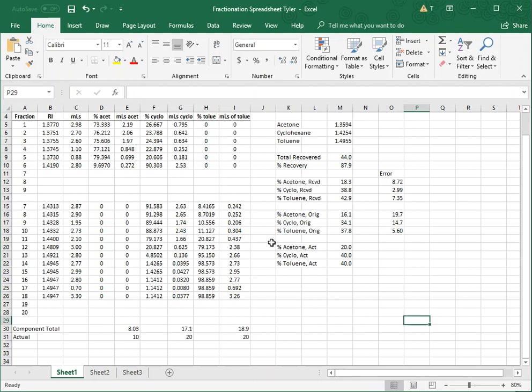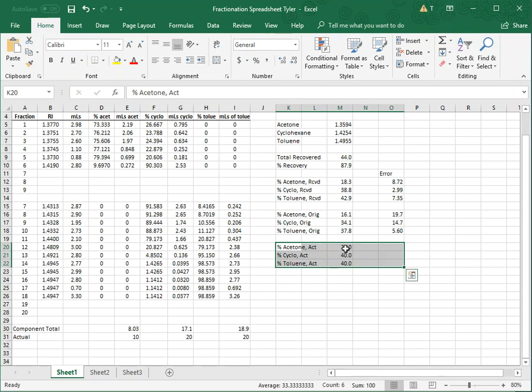All right. Now, the percent of acetone, the percent of cyclohexane, and the percent of toluene that's here on the screen, this is the actual percentage of what it should be. All right, so we know what we put in there, and we know the total volume that you started with, and that's how we calculate this percentage.